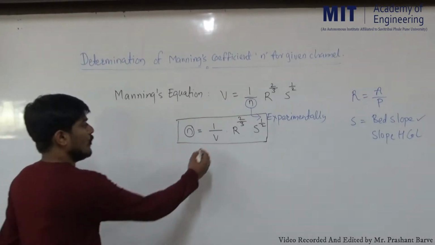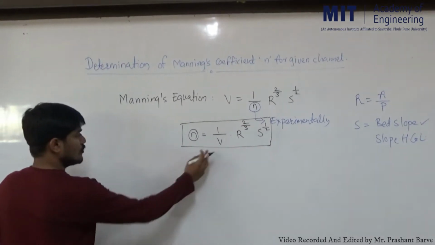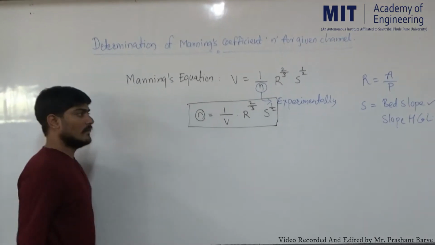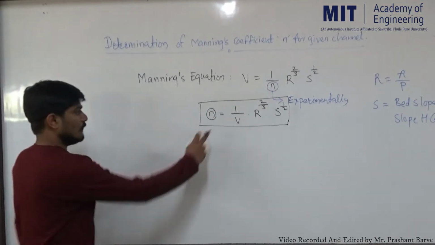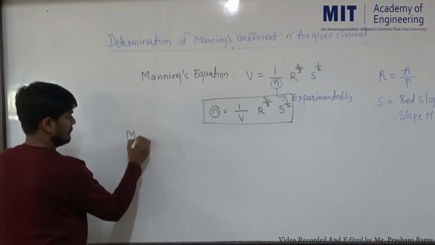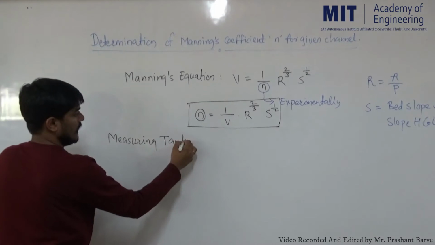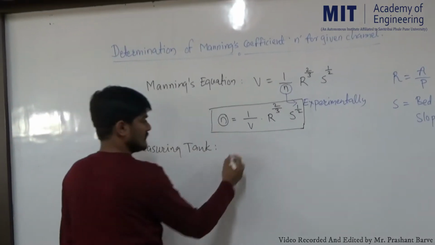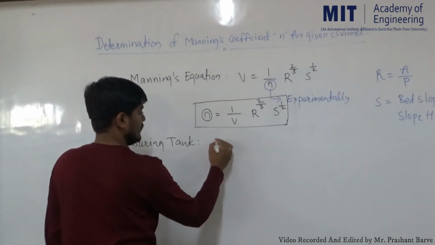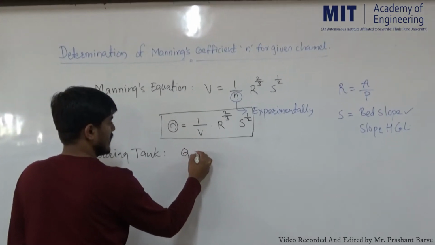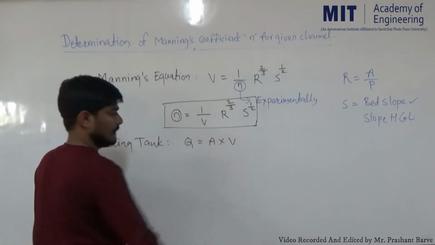So let us discuss how to determine the average velocity of the fluid. For that we have the measuring tank. The area of the measuring tank is known to us, and we have the equation Q, discharge, equals area into velocity.